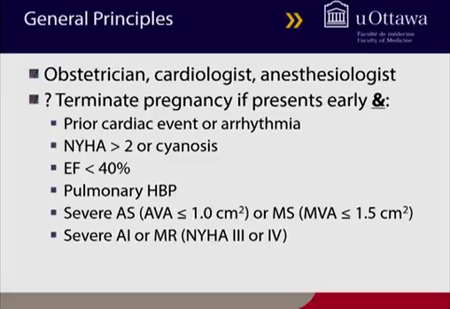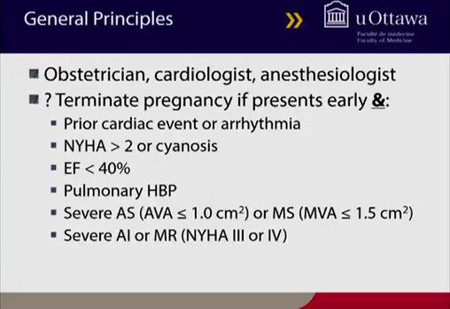There certainly is an argument to be made, if it's moderate and especially severe, and some of the criteria are being outlined below, that if we have a patient who is pregnant, there may be a need to discuss whether a termination is a wiser course. Some of those conditions: the patient has had a prior cardiac event or arrhythmia, New York Heart Association 2 or greater, so 3 or greater, or already has central cyanosis.